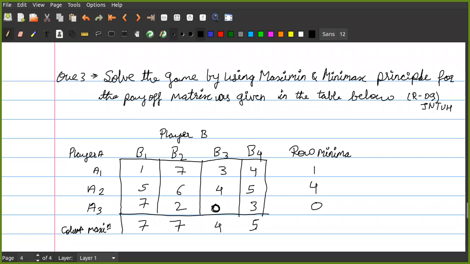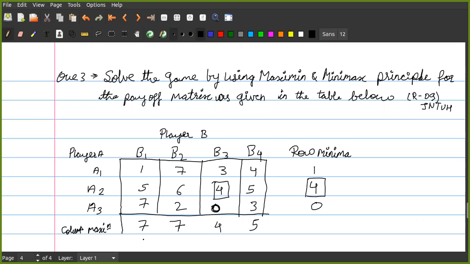Yes, sir. What is the maximum of the row minimas? The values are 1, 4, 0. The maximum is 4. So I'll make a square here, and this 4 is here.